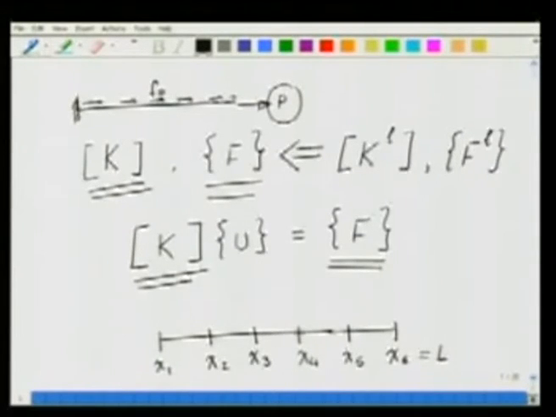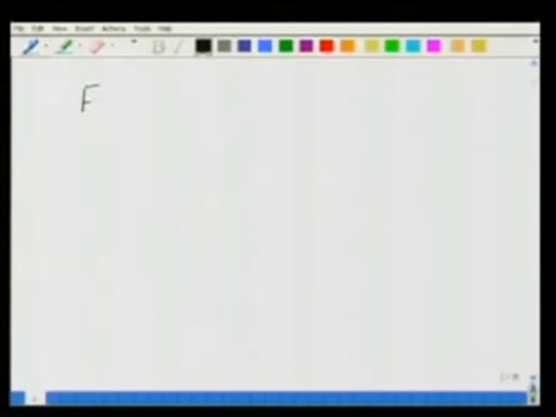Then we had said that the entry F6 we updated to F6 plus P. That is, in the final entry of the vector F, we added the value of this end load P, which is applied. And why we did it was discussed in the last class. So, this part was taken care of.